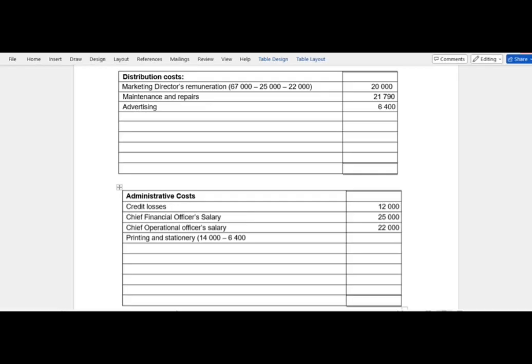And then you do your calculations. Let's put that on the calculator and see how much your printing and stationery expenditure is. You take 14,000, subtract 6,400, and I'm getting 7,600.